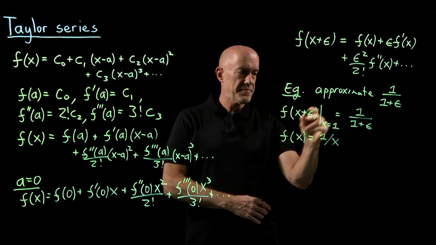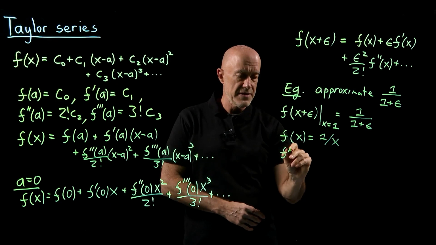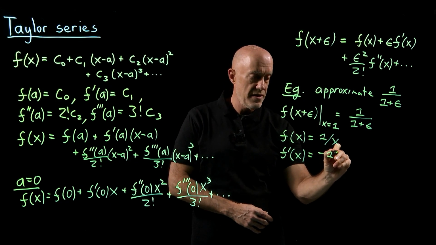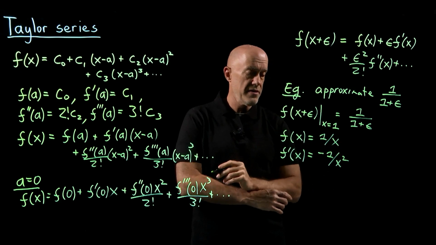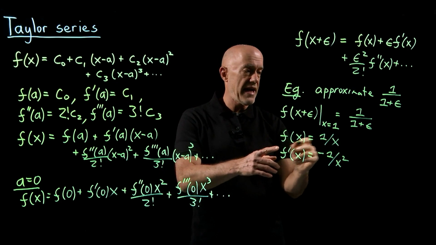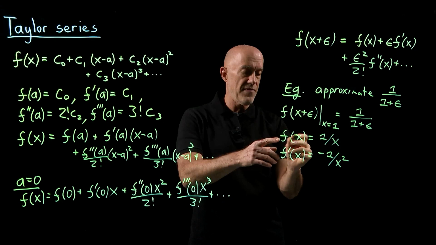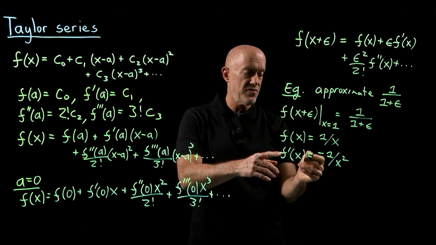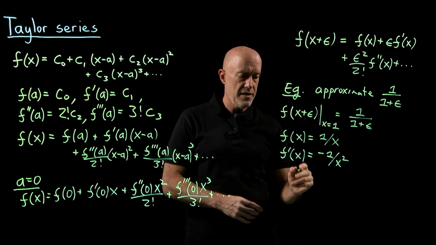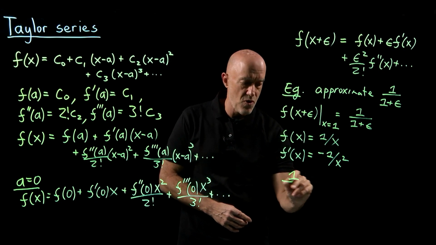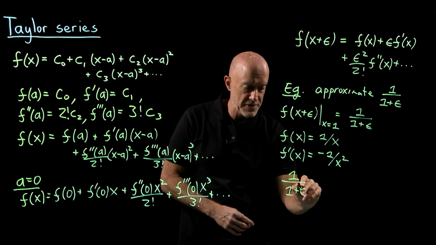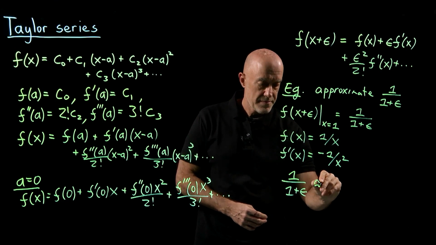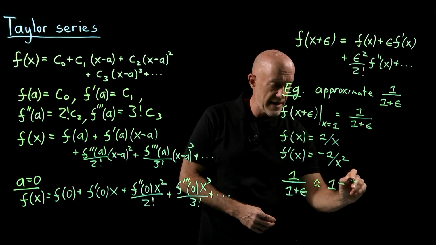And then the derivative is simple. The derivative is x to the minus 1, so it's minus 1 over x squared. And we evaluate these at x equals 1. So f of x at x equals 1 is 1. f prime of x at x equals 1 is minus 1. So we get our approximation 1 over 1 plus epsilon is approximately equal to 1 minus epsilon.